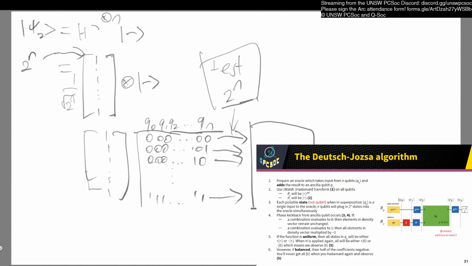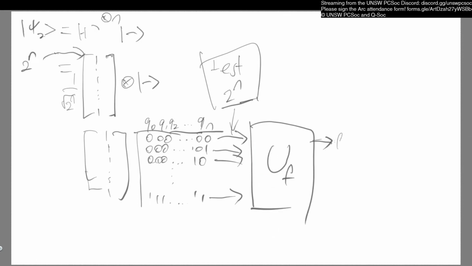Okay, so let's take this as f of x. This is the first result, this is the second result, and this is the third result, and so on, up to f of x for 2 to the power of n. And what will happen is that each of these will add onto the ancilla qubit.